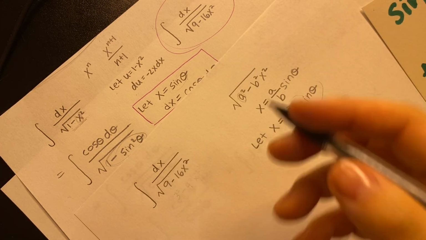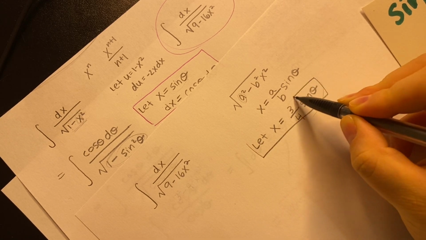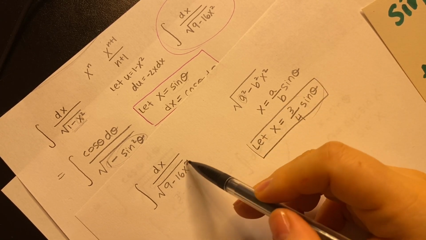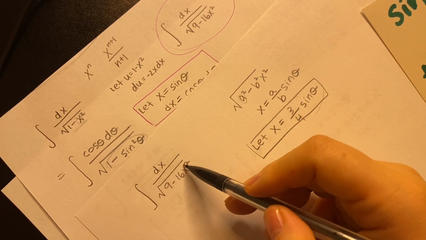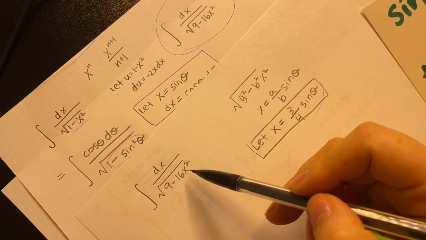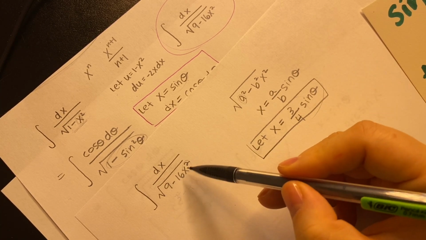So let's go ahead and do this. This is for if you can do this in your head and see that if I let this be a fraction now, I want to be able to have 9 minus 9 sine squared theta.